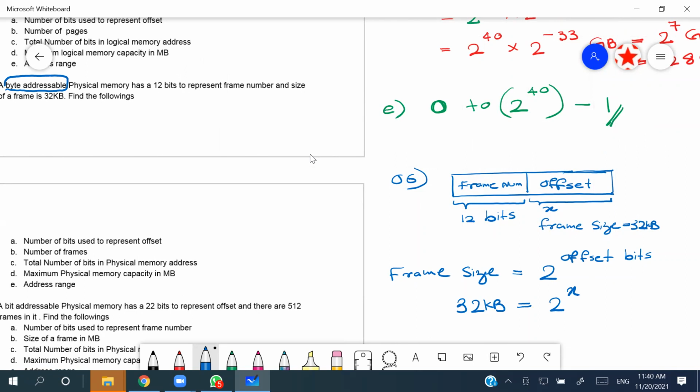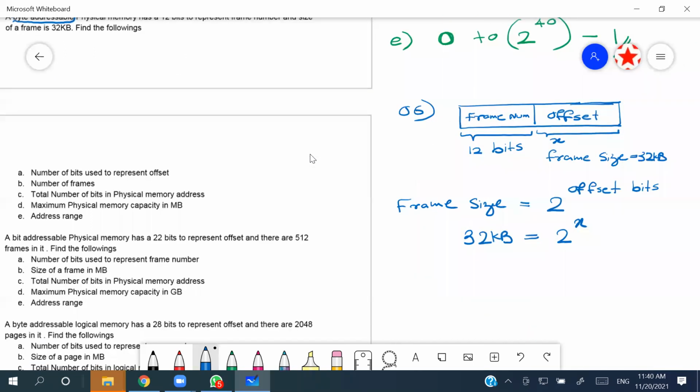I'll take the offset bits as X, so it is 2 to the power X. 32 kilobytes means 32 can be written as 2 to the power 5, and from KB to byte, I need another 2 to the power 10. So this will be the value in bytes. That means 2 to the power X equals 2 to the power 15.